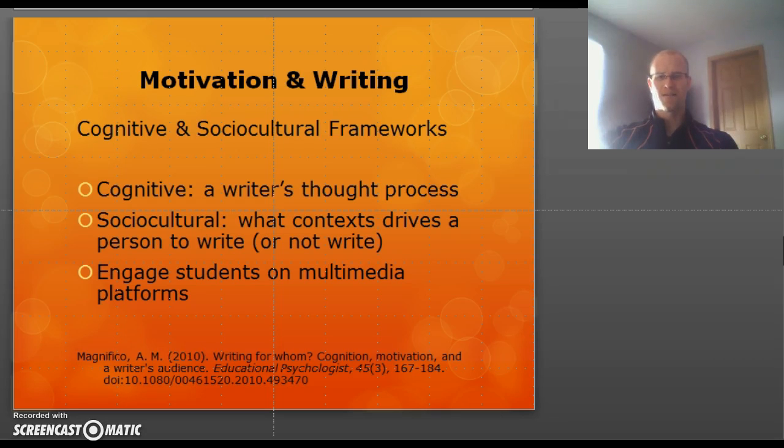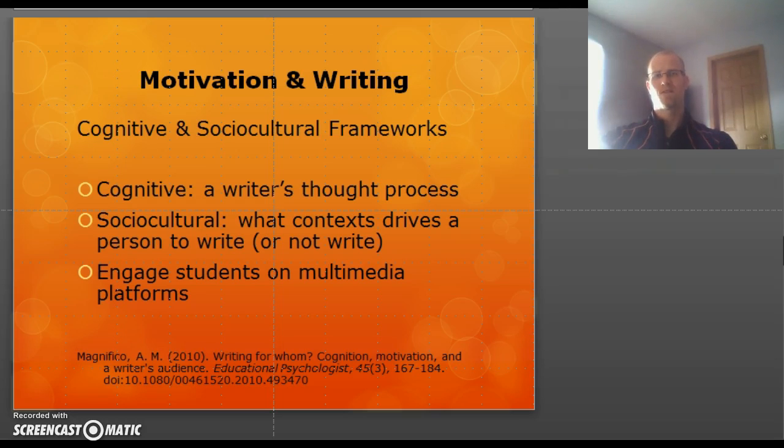On the other hand, the sociocultural framework gives us a broader perspective on what motivates a person to write, or in some cases, as we probably know, what drives a person to reject writing or to have a very difficult time writing. In this case, we have to consider the context in which our students are writing, and so we need to think about audience as being an extremely important thing to think about. And I'll get to that a little bit later.